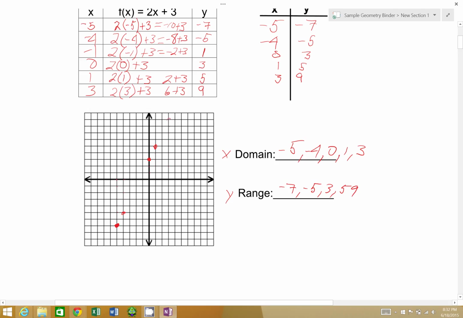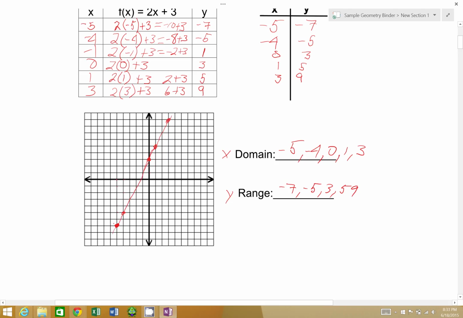Now, if I've done my job right, I should be able to draw a straight line through all of my points. And yep, there, sure enough, there's my straight line.